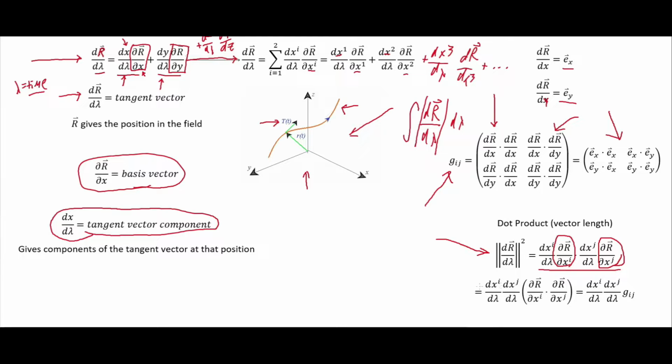We can factor out the two components here, and we end up with this. This right here is just the metric tensor. And so you will often see tensors drawn or written this way, with the components out front, and then the metric tensor being the bases.